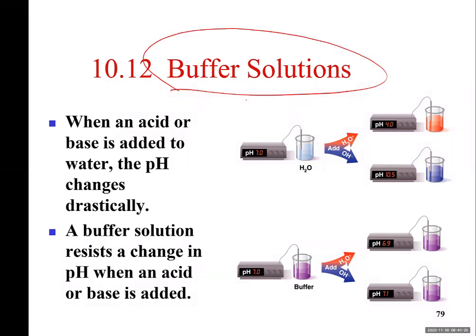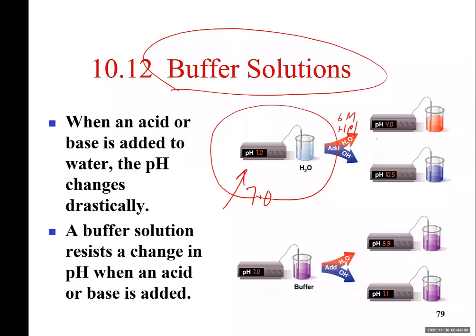And you saw this in your lab, how when we added sodium bicarbonate to water, it made a buffer, and by adding acid to it, the pH was relatively fixed. I want to give you an example. This is freshly distilled water. The pH is 7, and we are adding 1 drop of 6 molar hydrochloric acid, 6M HCl.